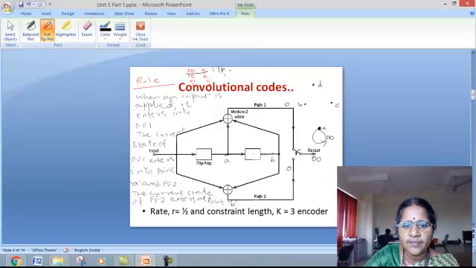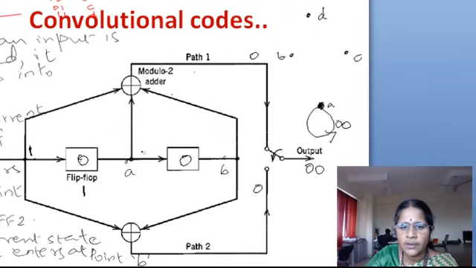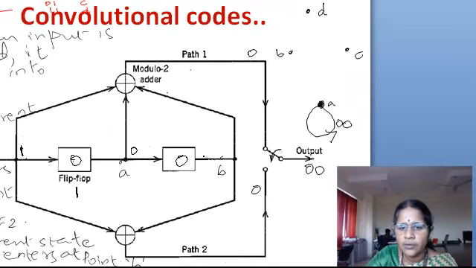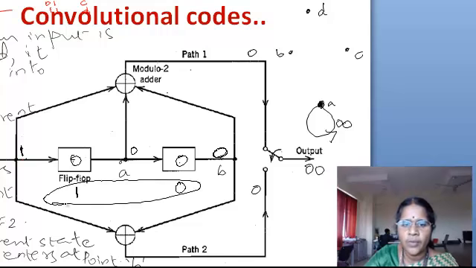Next, for the same state 0, 0, let the input now be given as 1. This is input 1. So this input is now available in flip-flop 1, and then this 0 comes here and also here. And then this 0 will be available at point B. So my next state is 1, 0, and my output will be, here it is 1, here 0, here 0.